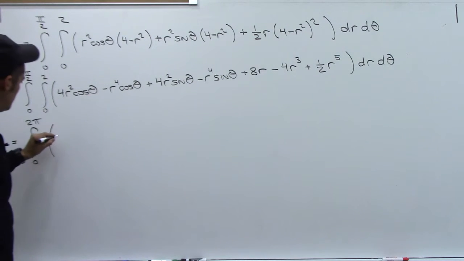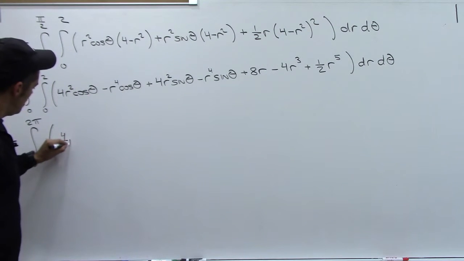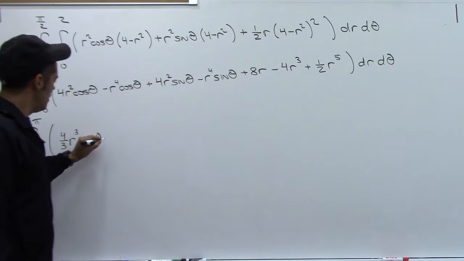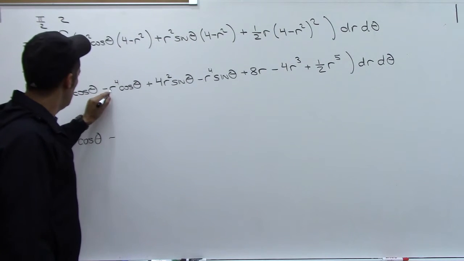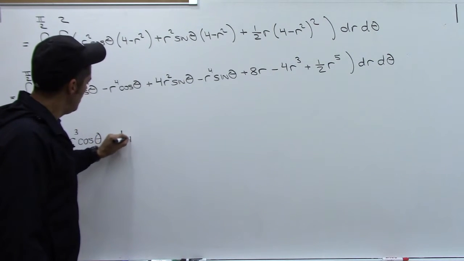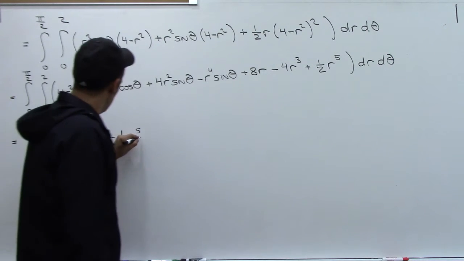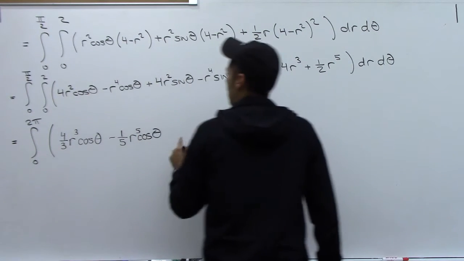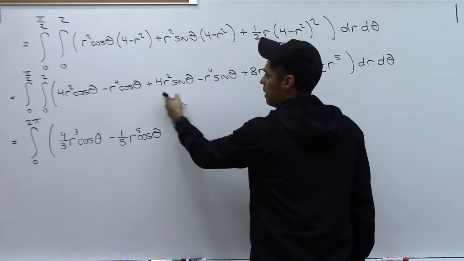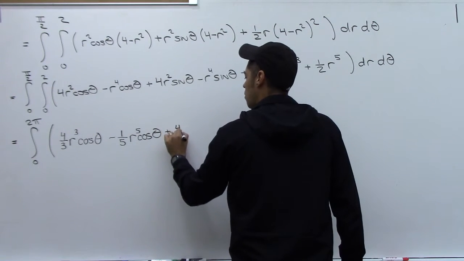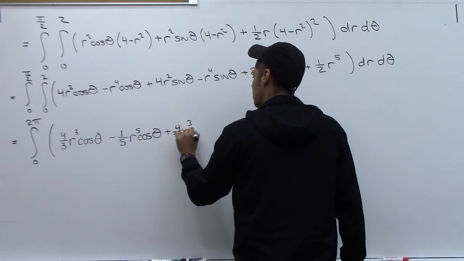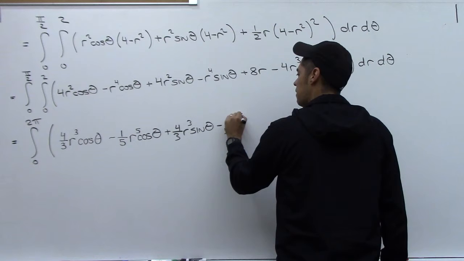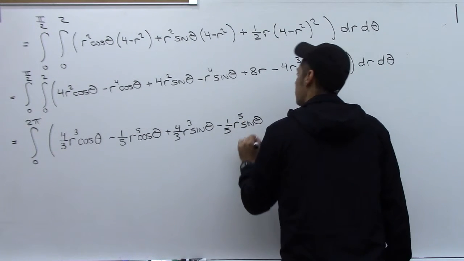So antiderivative of this, we get 4/3 r cubed cosine theta minus antiderivative here, 1/5 r to the 5th cosine theta. And then antiderivative here, plus 4/3 r cubed sine theta. Antiderivative here, minus 1/5 r to the 5th sine theta.